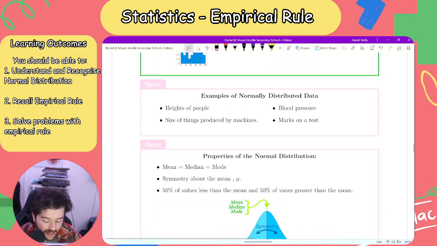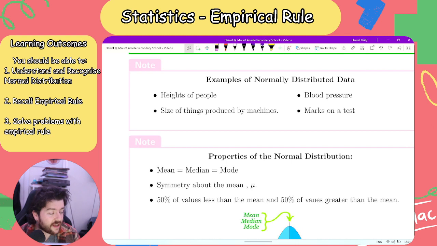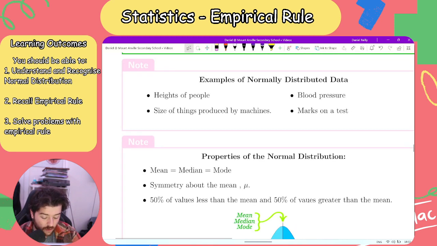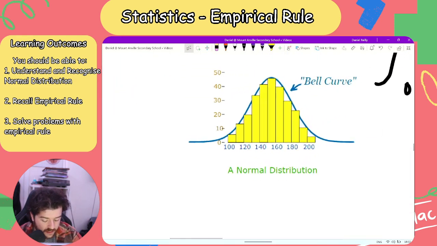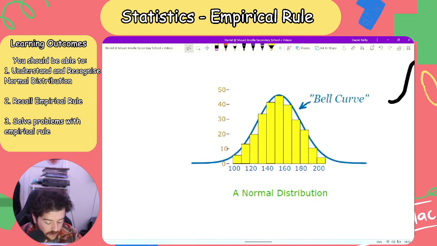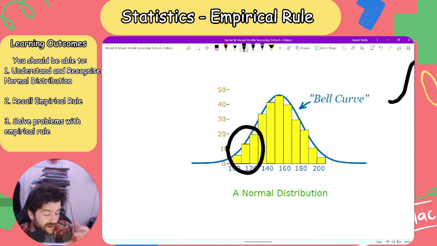So, examples of normally distributed data. Heights of people are normally distributed. Blood pressure is normally distributed. Marks on a test are normally distributed. And that makes sense, right? Because if I was looking at data here and pretend these are people's heights, say the heights of adults, it would make sense that not a lot of people would be really small, and not a lot of people are really tall either.